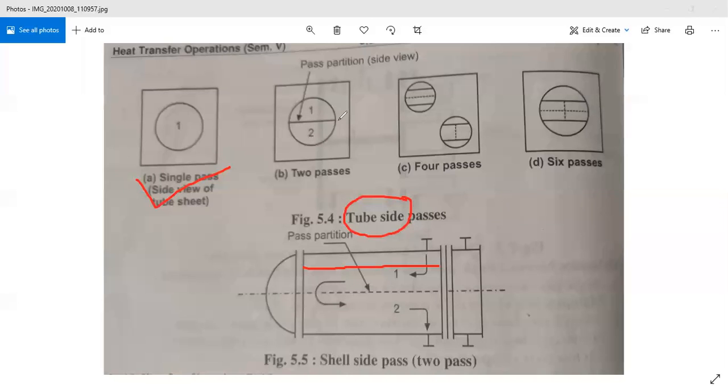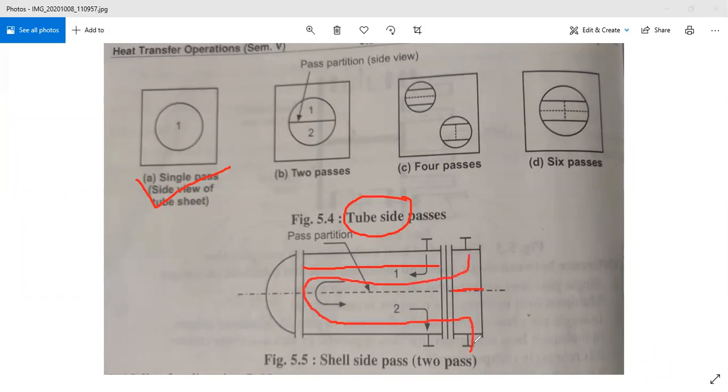If we incorporate these metal sheets on the channel side here for achieving two tube side passes, the tube side fluid passes in this way.